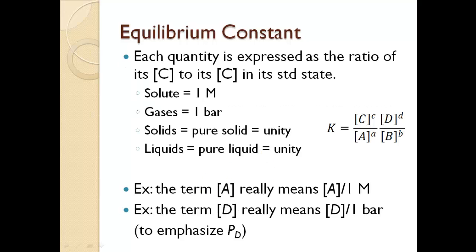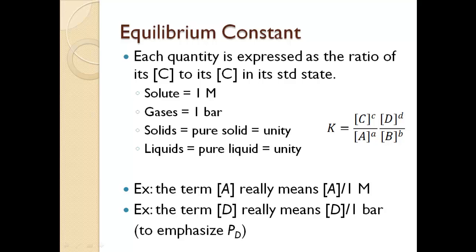All right, so each quantity is expressed as the ratio of its concentration to its concentration in its standard state. What does that mean? Well, for solutes, the standard state is 1 molar. For gases, the standard state is 1 bar, which is close to 1 atm. For solids and liquids, the standard states are the pure solid or the pure liquid.